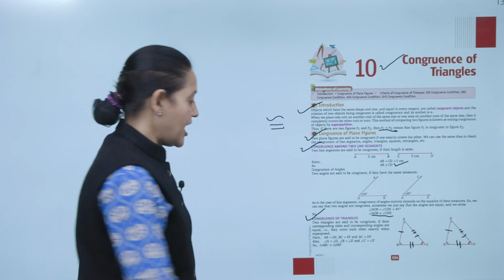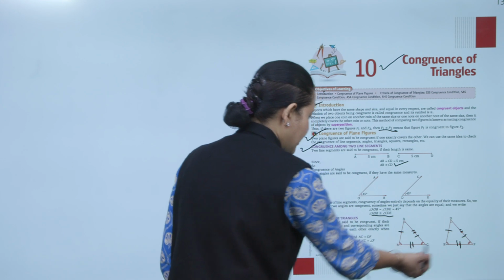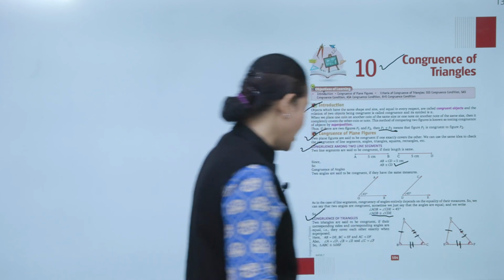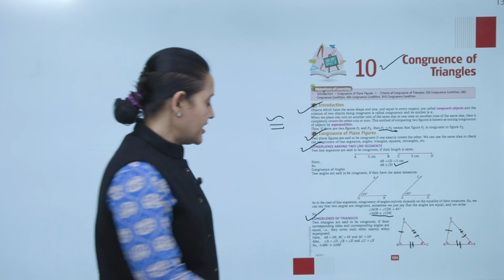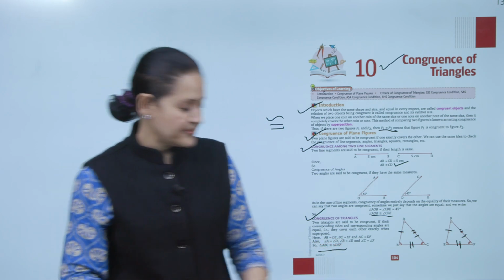Now, angle A equals angle D, angle B equals angle E, and angle C equals angle F. So, we can say triangle ABC is congruent to triangle DEF.